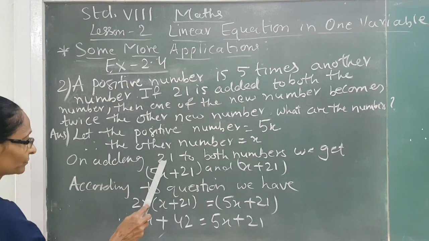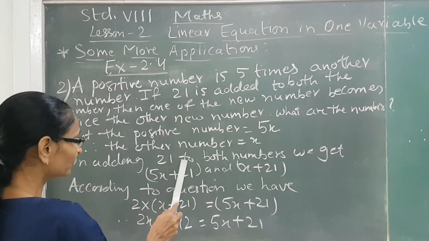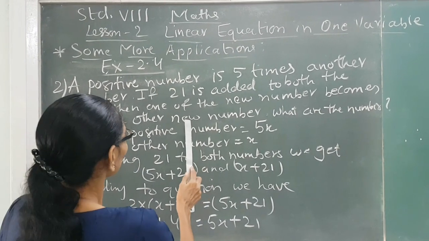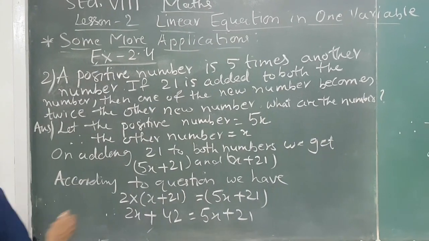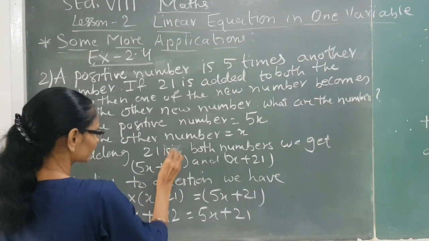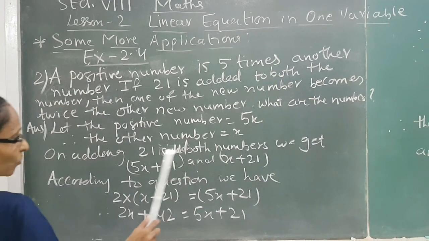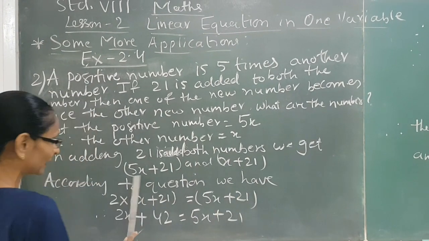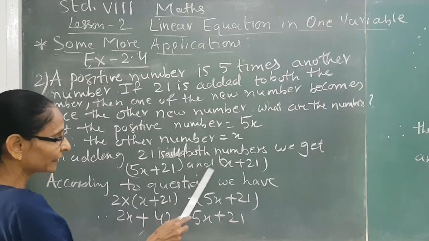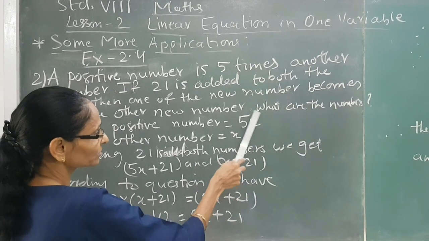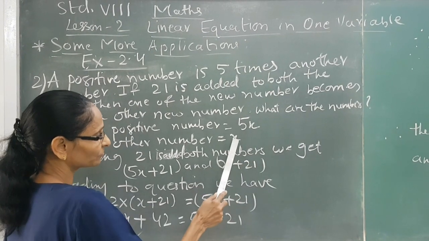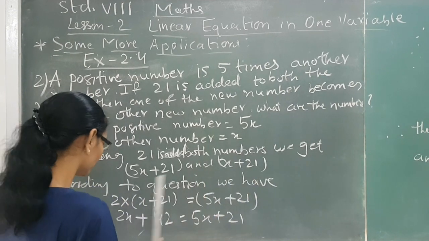Now according to the question, 21 is added to both the numbers. We get 5x plus 21 and x plus 21. This is 5x plus 21, here x plus 21.